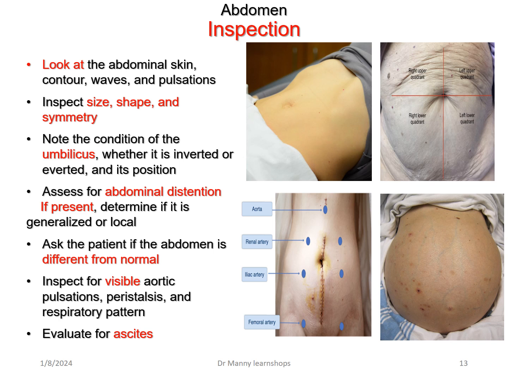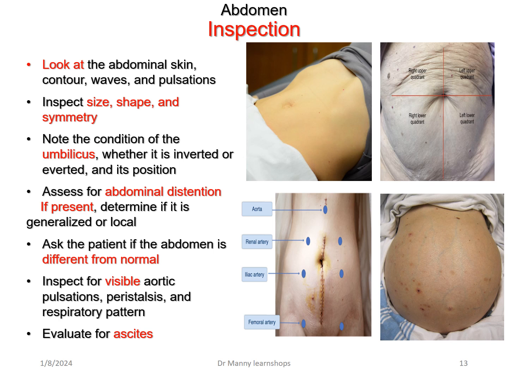Inspection is looking. So you look at the abdominal skin, you look for the contour of the abdomen, any abnormal waves or pulsations that are detected. Typically, you won't see those, but you inspect for size, shape and symmetry, and you note the condition of the umbilicus, whether it's inverted, everted, or whatever its position is.